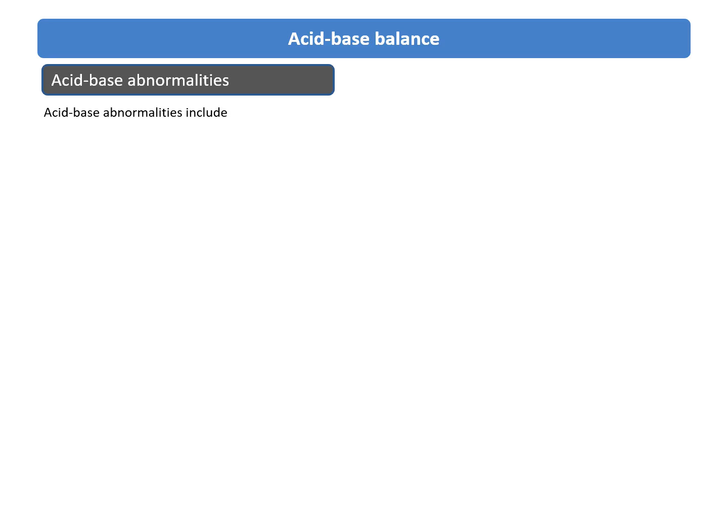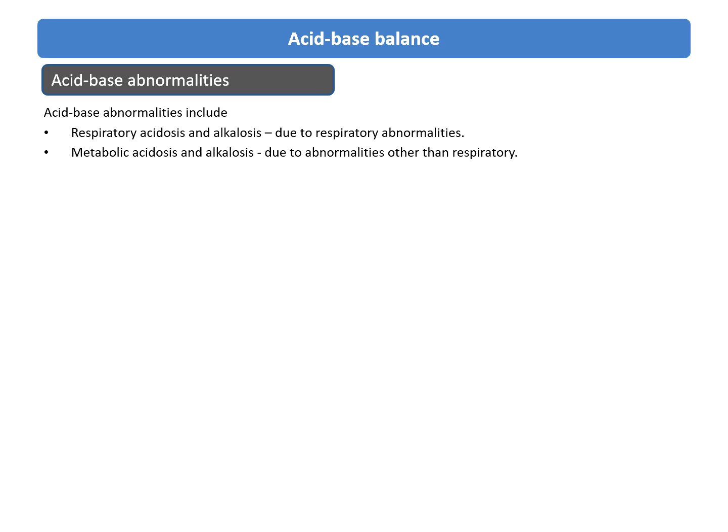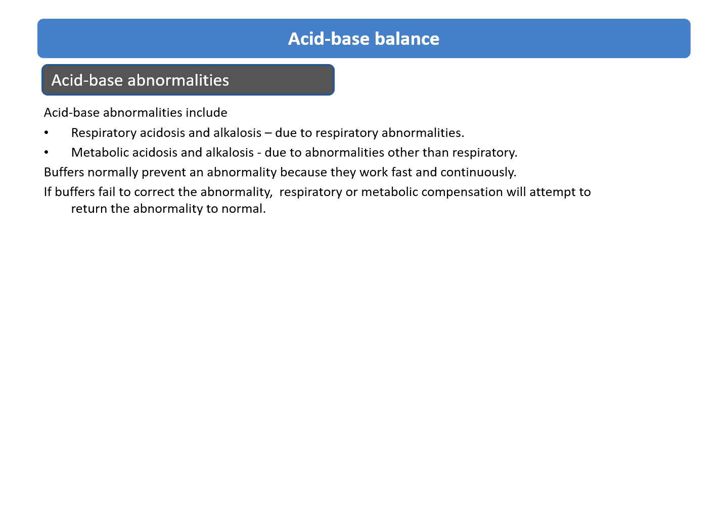What about acid-base abnormalities? Well, one is respiratory acidosis and another is respiratory alkalosis. These are due to respiratory abnormalities. Metabolic acidosis and alkalosis are due to abnormalities other than respiratory. Buffers normally prevent an abnormality because they work fast and continuously.